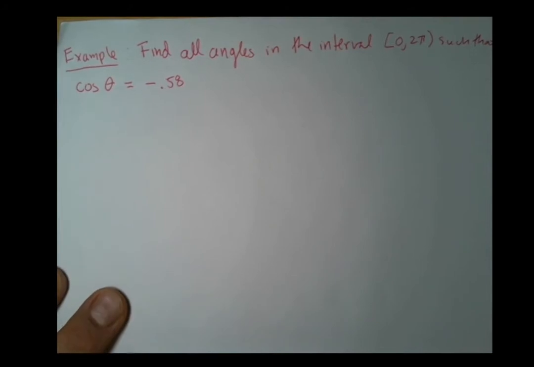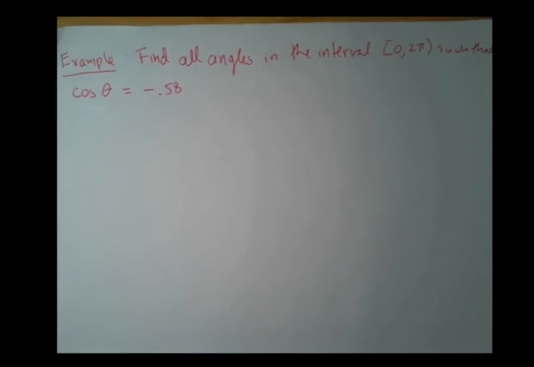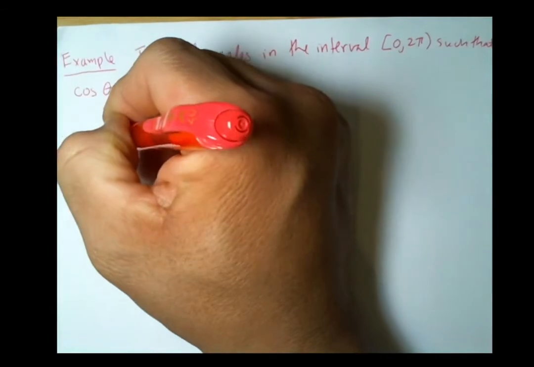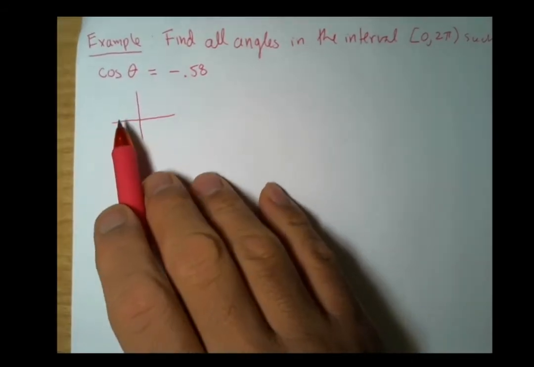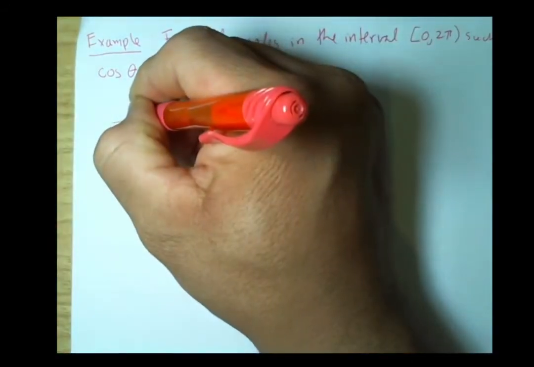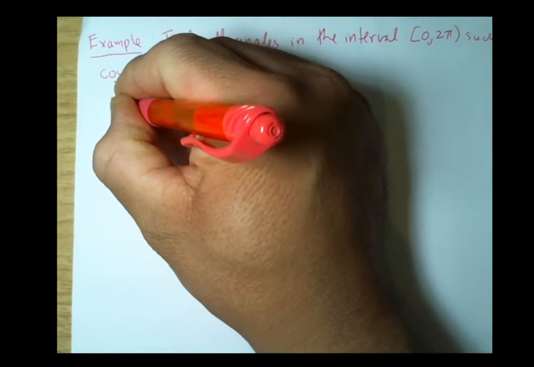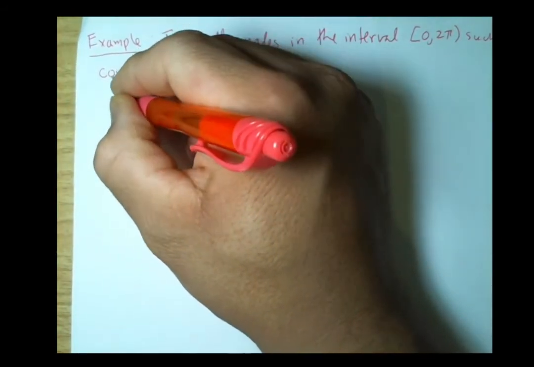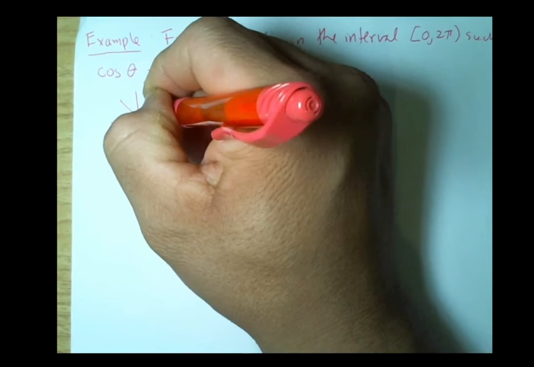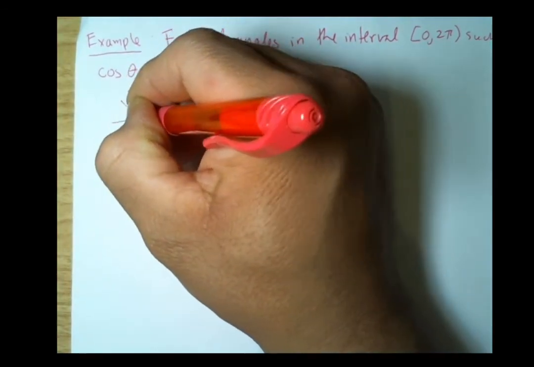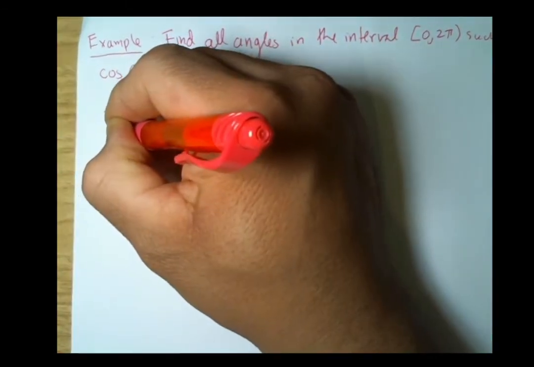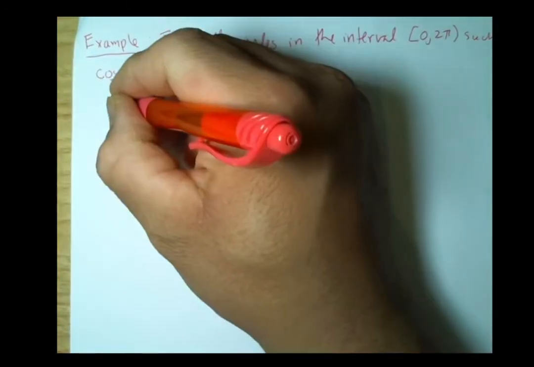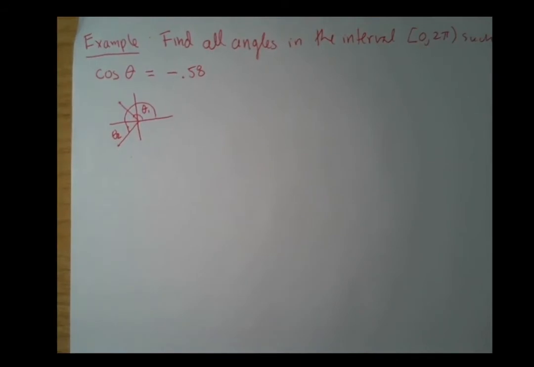So we're looking for two angles here, because I know the cosine is negative in quadrants 2 and 3. So theta 1 would be this angle here, and then theta 2 would be this angle here. Those are the two angles that we're looking for.